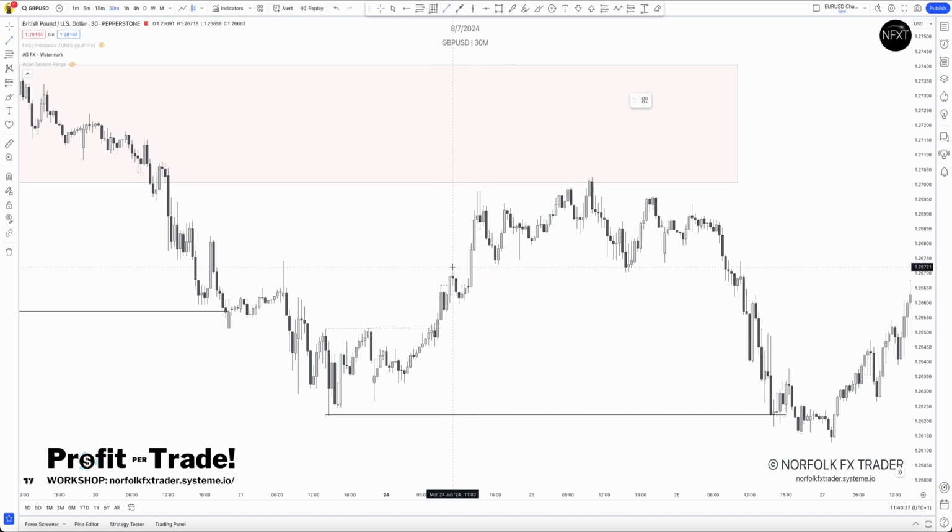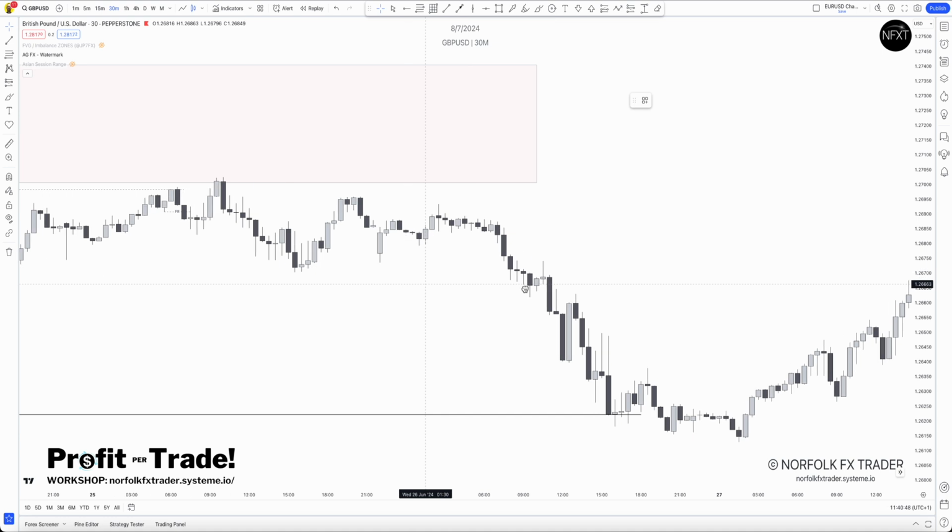We have another fractal high that we push through, and we have another fractal high here that eventually we've pushed through. Now at this last swing high, okay, we can mark off our fractal low. This is our fractal low, which in fact becomes my reversal point. So right here, we reverse the market.